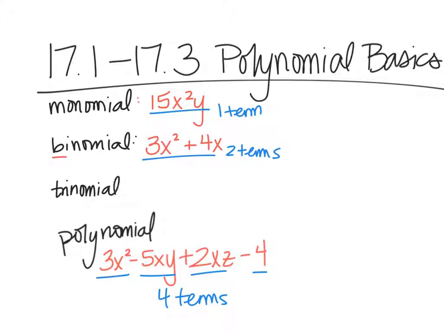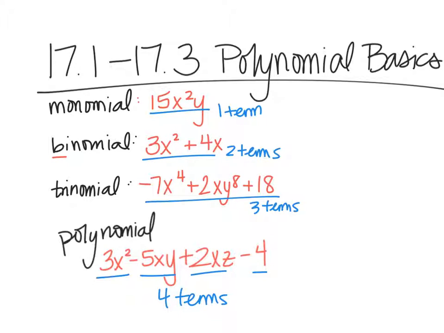And this is where they stop counting, and they just move on to polynomials after that. A trinomial is something that's going to have 3 terms. So maybe we have negative 7x to the 4th plus 2xy to the 8th plus 18. All right, that's an example of a trinomial because it's got 3 terms.